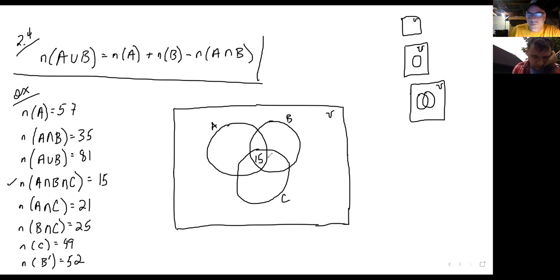Then, and there's no right or wrong at where you go from there, but I go to these regions. I consider them next, and I just pick one. Notice I've got A intersect B. That is elements that are in A and B, and it says it's 35. Now, this is where you start to separate out the numbers. A intersect B, notice, is all of this. So what we're saying is we've already counted 15 of them.